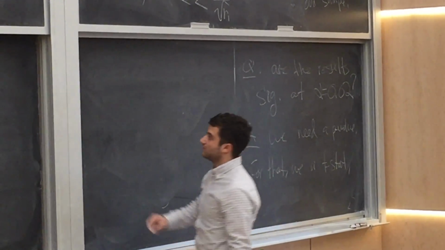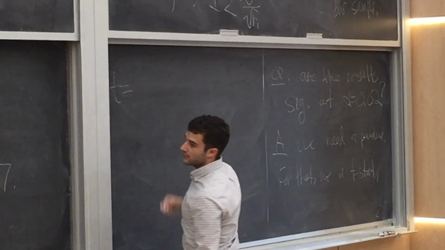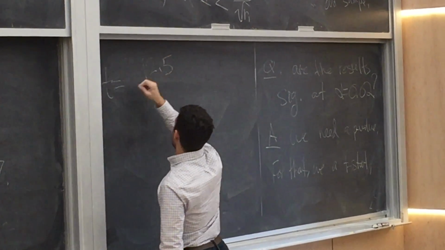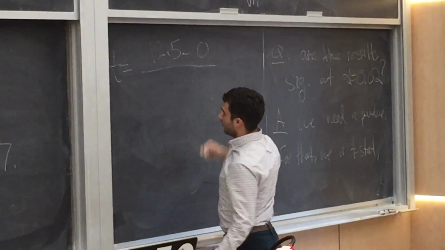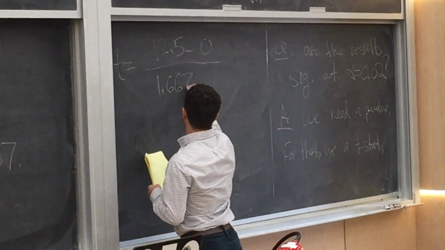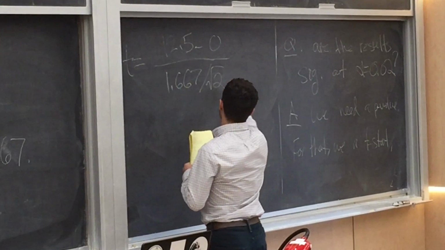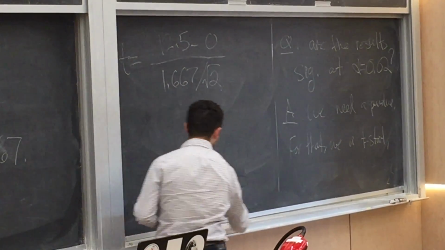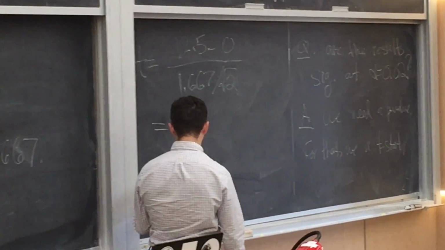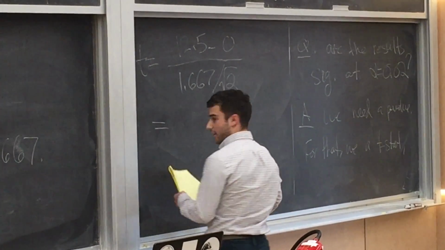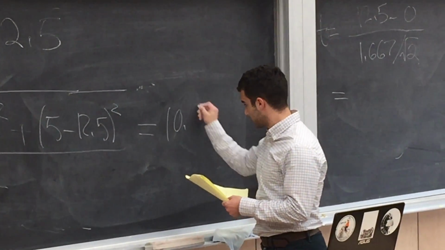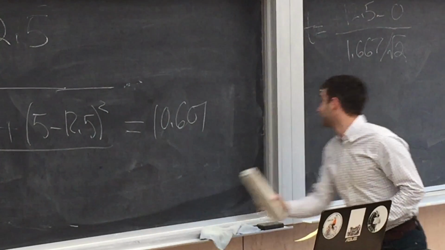So at the end of the day, the t-statistic is 12.5 minus 0 all over 10.607 divided by the square root of 2, which ends up being, or sorry, I screwed this up.